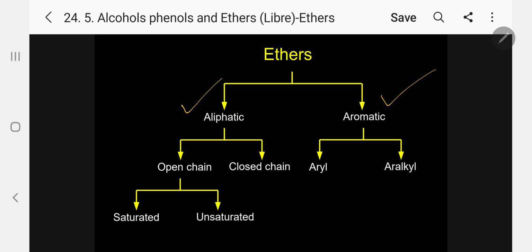Kindly refer. So aliphatic I can further classify into open chain and closed chain. Open chain I can further classify into saturated and unsaturated. Aromatic ethers I can classify as aryl ether and alkyl ether. This is the general classification.